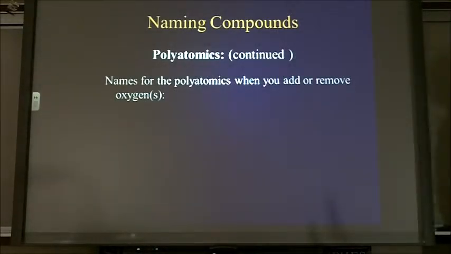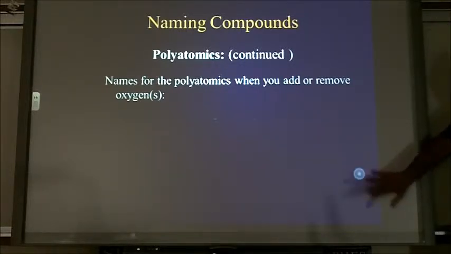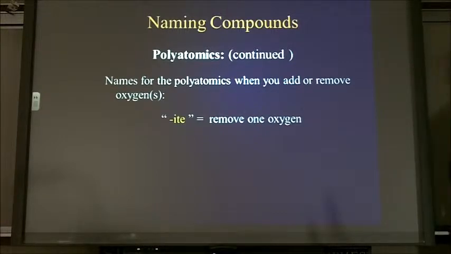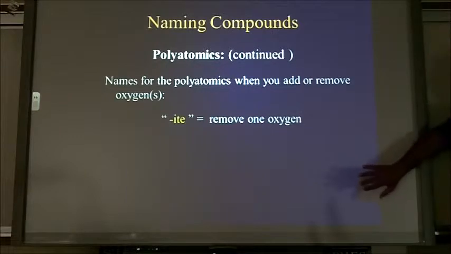Now, when you name the polyatomics, there's a possibility that we could remove some oxygens. If you remove one oxygen, remember that the poly that ends in ATE is changed to ITE. This does not affect hydroxide or ammonium, because there is no oxygen to remove in ammonium, and neither ends in ATE.